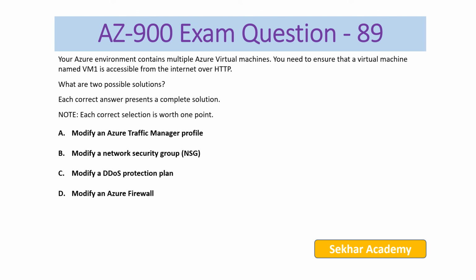Options we have: A, modify an Azure Traffic Manager profile; B, modify a network security group; C, modify a DDoS protection plan; D, modify an Azure firewall. So the right answer is B, modify a network security group, and D, modify an Azure firewall.